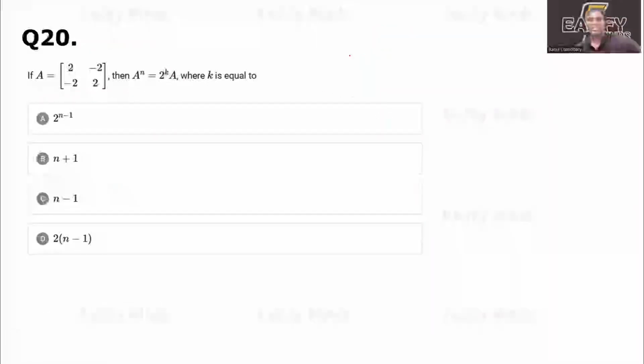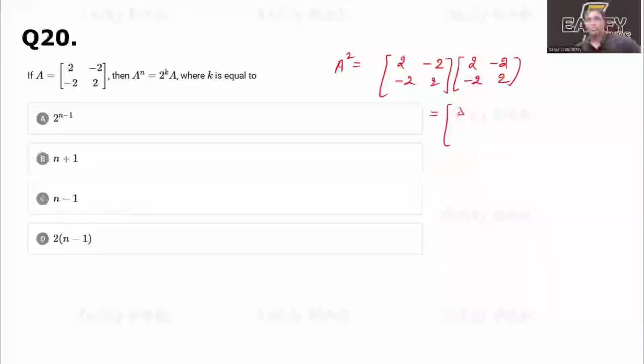Now see, let's try to find A square. 2 minus 2 minus 2 2. 4 plus 4, 8, minus 4 minus 4, minus 8, minus 4, and 4 plus 4, 8.